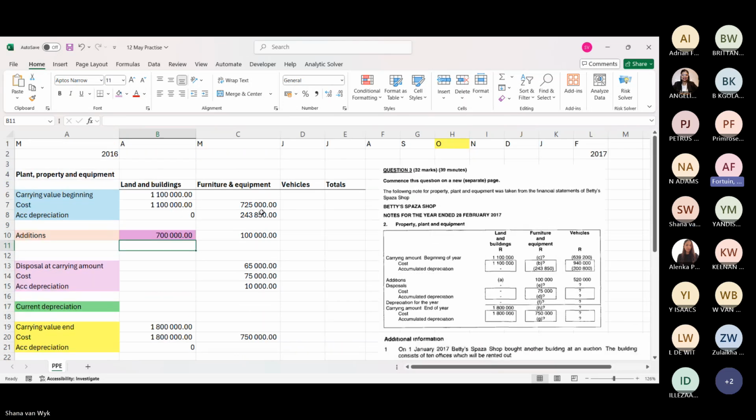Where's B? Have we got B? Yes. Okay, so B, let's just explain. How did you get the 725? Okay, so I started from my end value because we got the cost. We know when we disposed of the thing, it's 75, it's given, and we have additions, which is given.